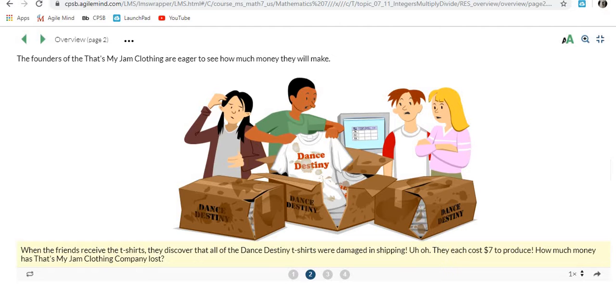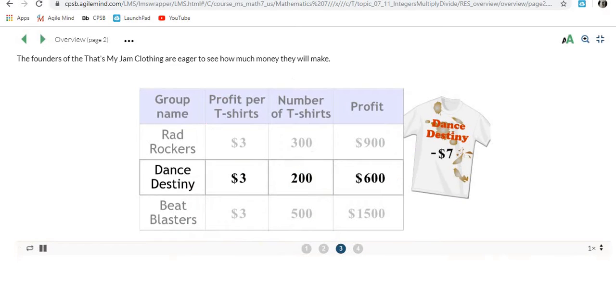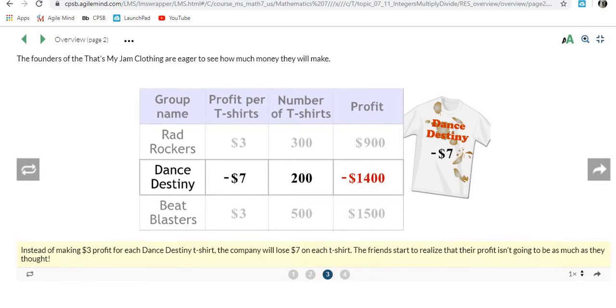No. So that's messing some things up for them. Looking at our table, each shirt is now losing $7, which means they're losing a profit of $1,400, which is going to affect our total profit, right?